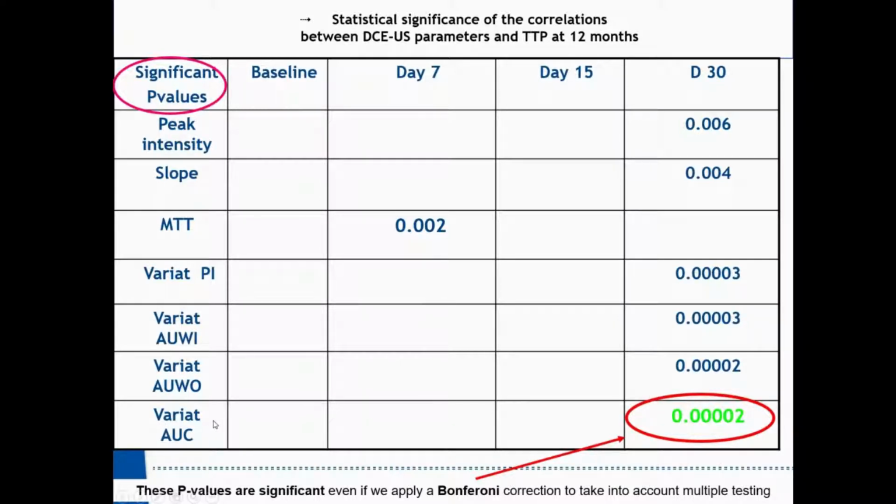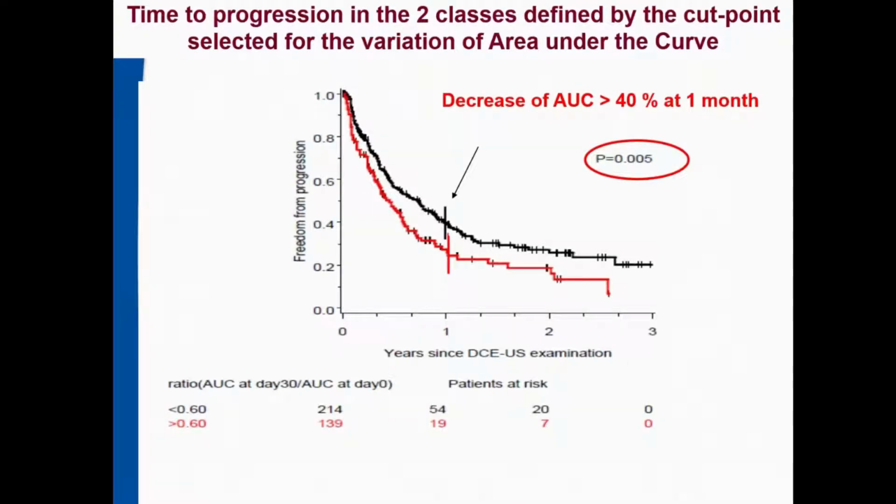The next step was to select the cutoff. Using the ROC curve, the statistician determined the best cutoff, which was a decrease of 40% of area under the curve at 1 month.